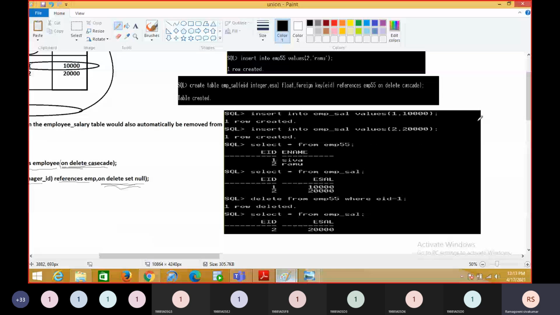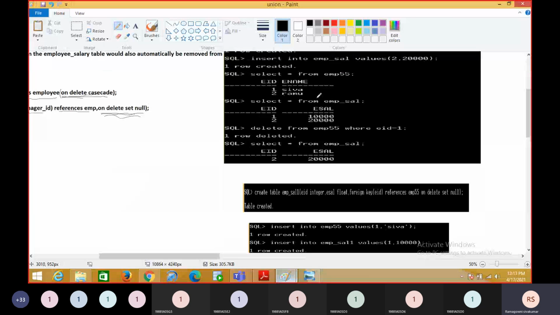I wrote the queries. See here, I inserted data, select star from employee55, employee ID and employee name. In the second table, employee salary, I inserted employee ID and employee salary.